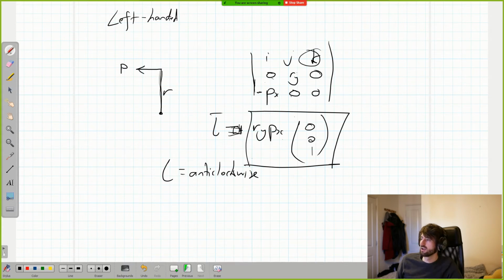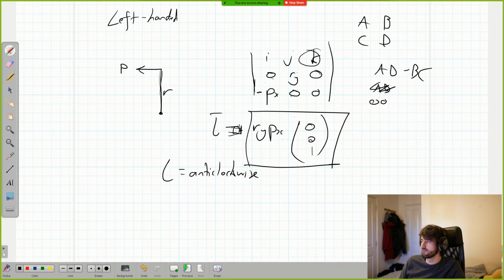Okay, sorry. So remember, if you've got A, B, C, D, you end up with AD minus BC. So in this case, we've got AD, which is 0, 0, minus r_y p_x. And this is already minus, so that ends up positive. So we end up with a positive value for angular momentum, even though this is going backwards.